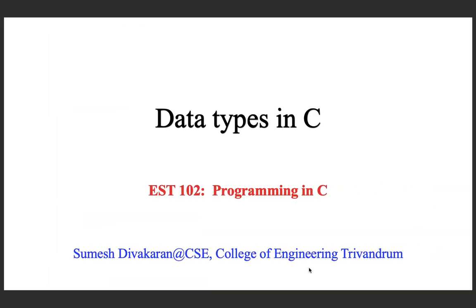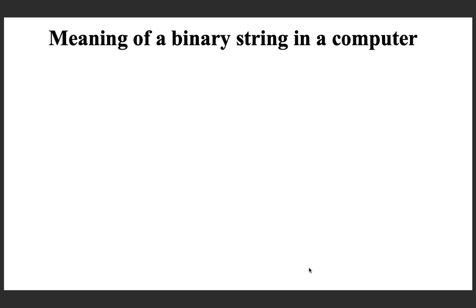So the agenda for today is data types in C. Before we define what a data type is, let us try to understand what is the meaning of a binary string in a computer.